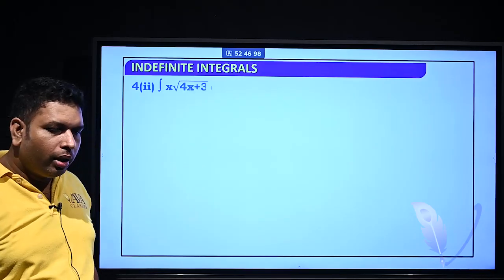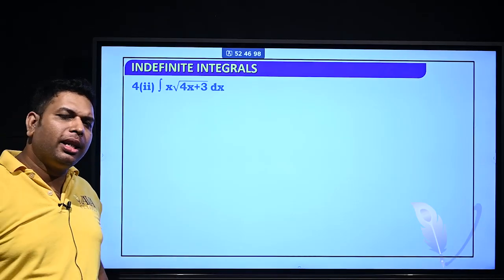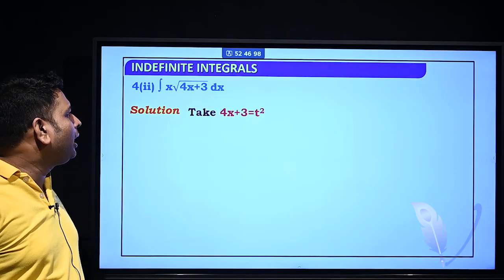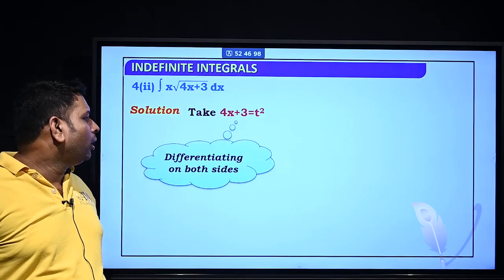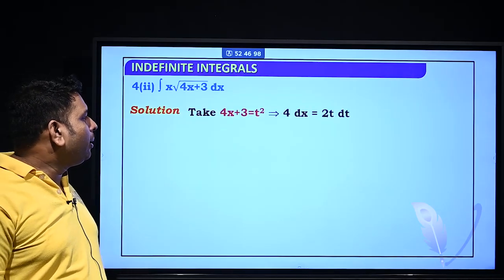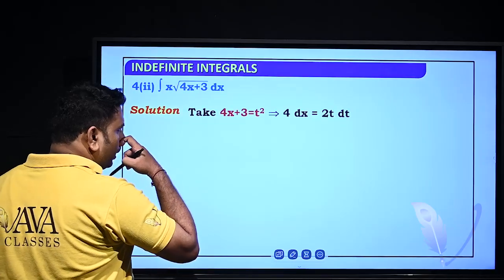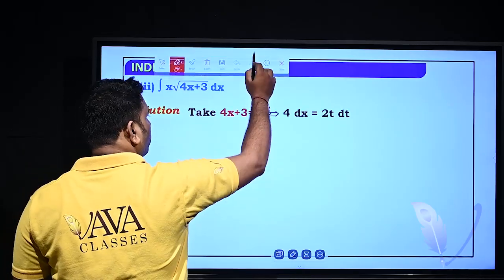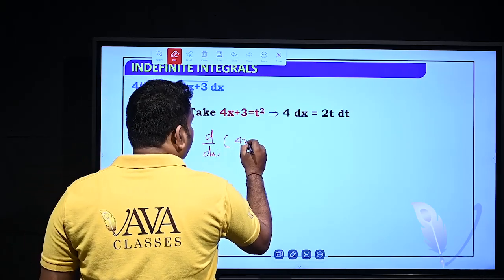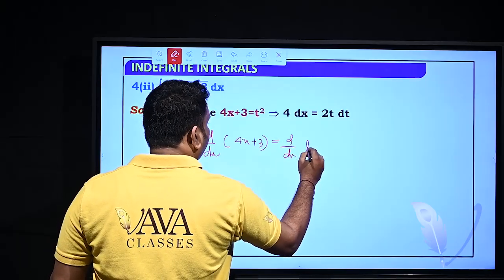Okay, now second bit: the integration of x root of (4x plus 3) dx. Solution: take 4x plus 3 equal to t square. Now differentiate both sides with respect to x. So d by dx of 4x plus 3 equal to d by dx of t square.